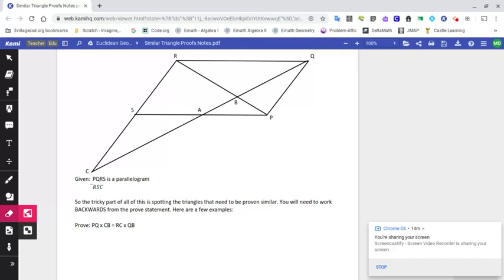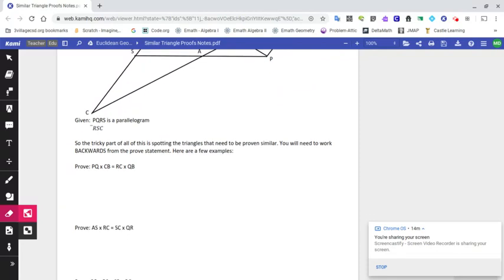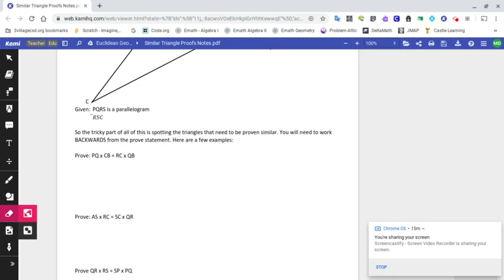Okay, so suppose I have this proof statement: PQ times CB equals RC times QB. The first step is going to be to find the proportion that results in that. So remember, when I have a cross product, the PQ and the CB are diagonal from each other, and the RC and the QB are diagonal from each other.